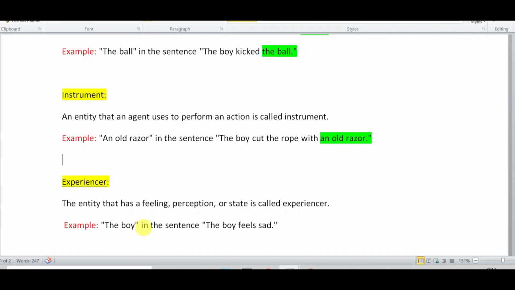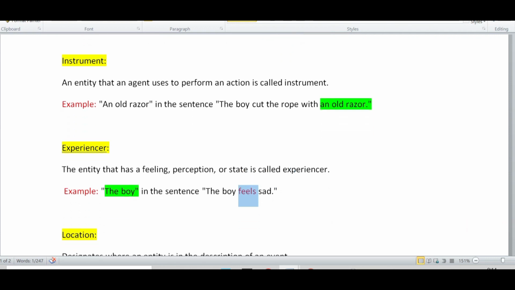For example, if you say I love you, then love is the feeling, and in this way I is the experiencer. If you say I play, play is the action, and I is here the agent. Got it? This is the difference we have to keep in mind. Another example is the boy feels sad. Feel is a feeling, so the boy is our experiencer.